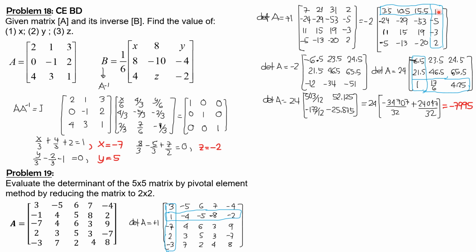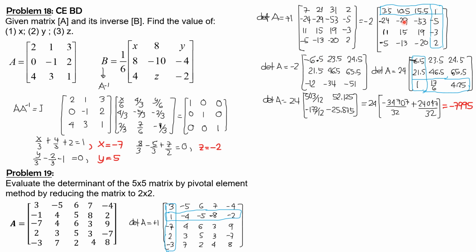This is now the pivot element. I'll just evaluate these 3. You know already how to reduce this 4 by 4 into 3 by 3. So negative 24 minus negative 5 times 3.5, it's negative 24 plus 5 times 3.5, that's why you have here negative 6.5.